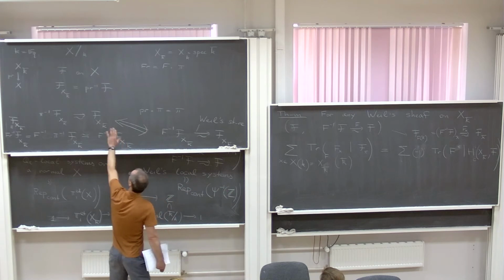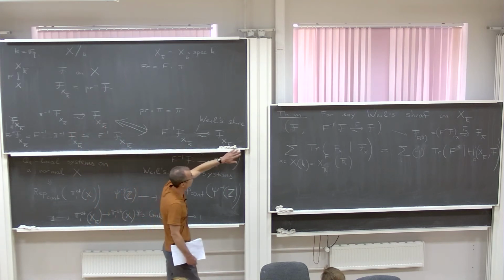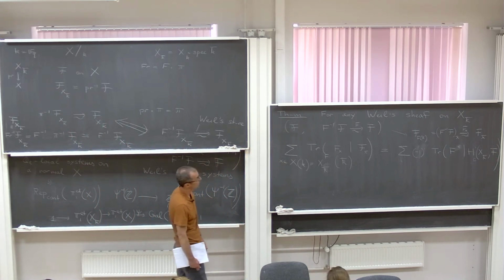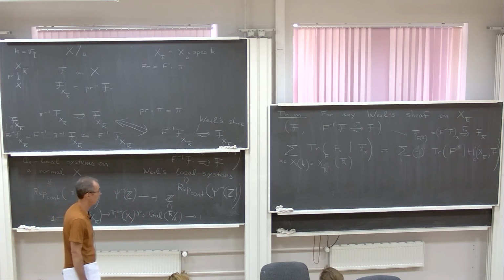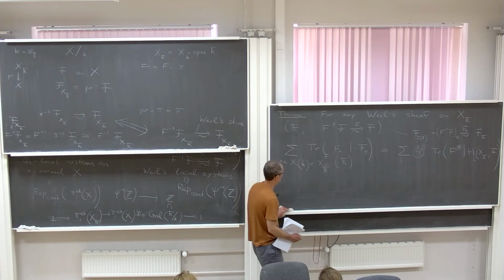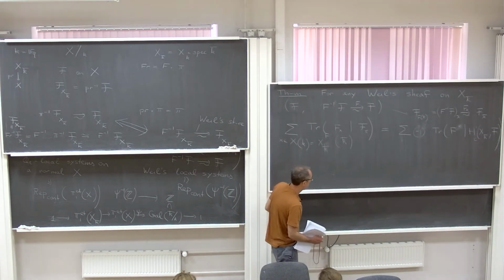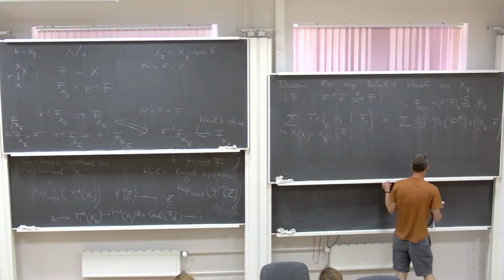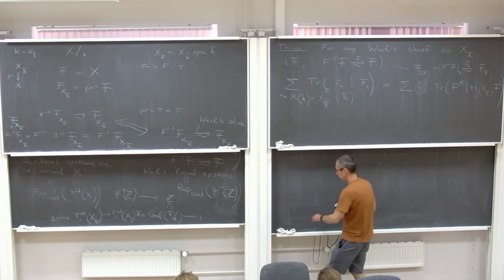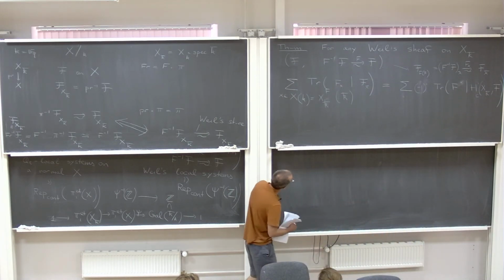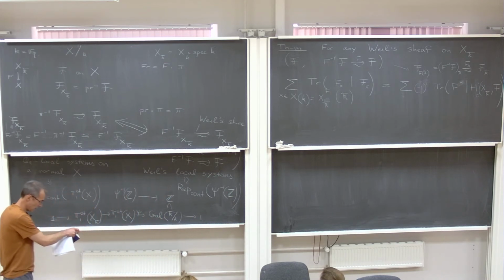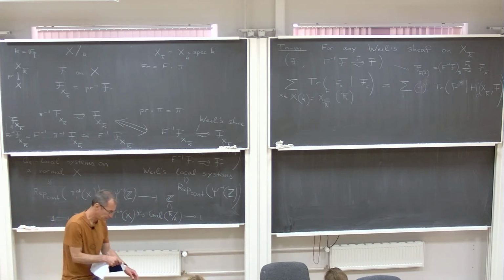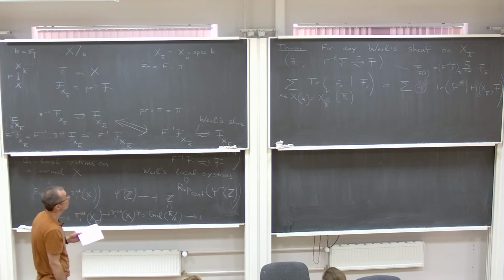Last time we considered only sheaves on X, and now we can take any Weil sheaf on X_k bar. The proof of this generalization does not cost extra, so let's put it here. Okay, so that was the statement.